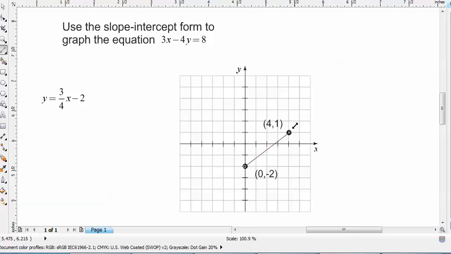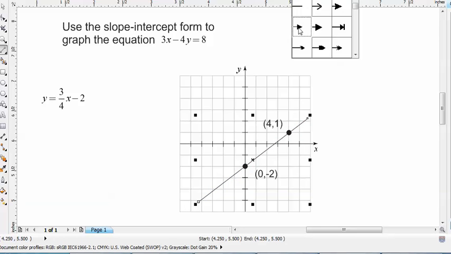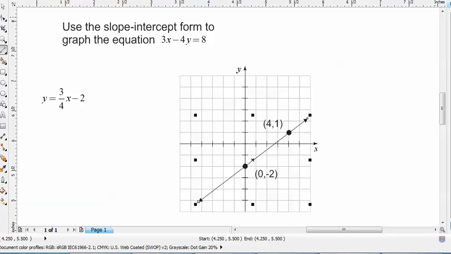And then we'll extend the line in both directions. We'll go ahead and add arrows. And let's thicken that up a little bit. Okay. So there we would have the graph of the equation 3x minus 4y equals 8.